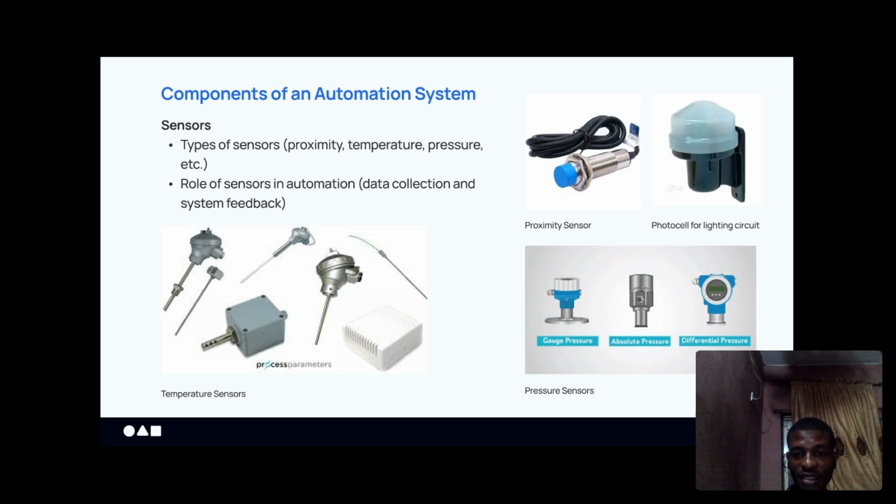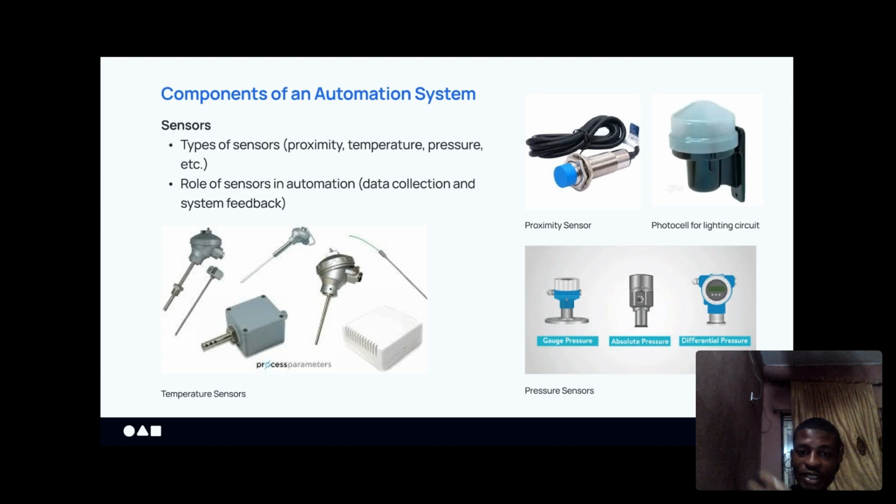Okay, sorry, the second type is the inductive. The inductive is used to sense metallic objects, any object that has metal in it. So it works like an inductor.